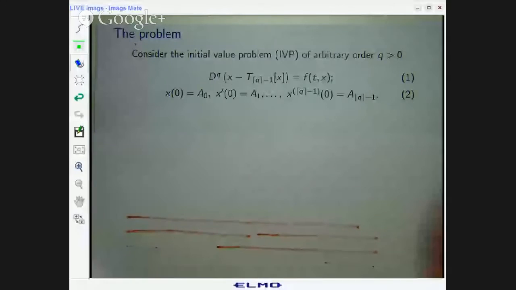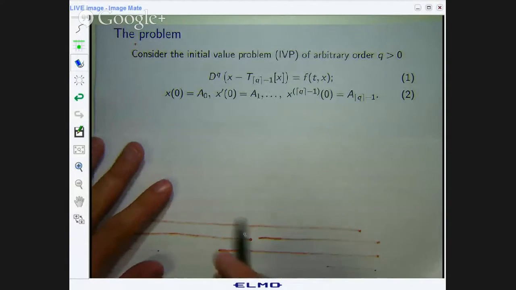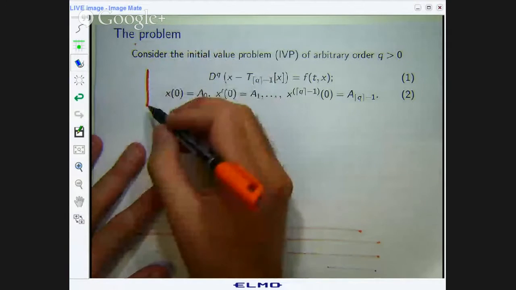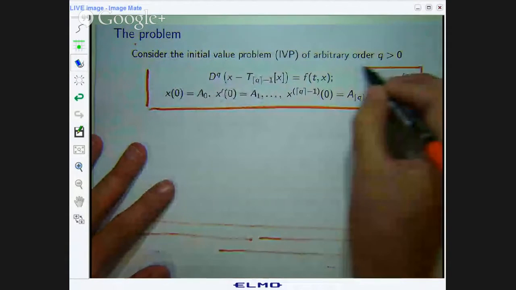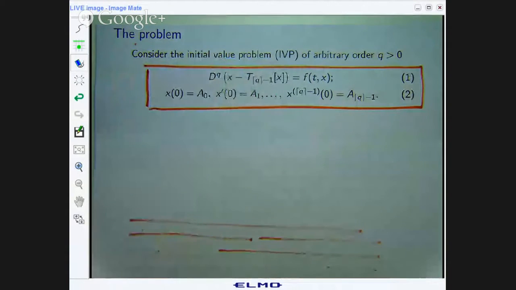Okay, let's have a look at the problem under consideration. All right, so here is an initial value problem. You would see initial value problems in a second course in calculus, or definitely in a first course in differential equations. But this one's a bit of a strange one.